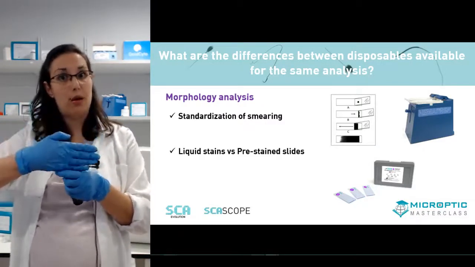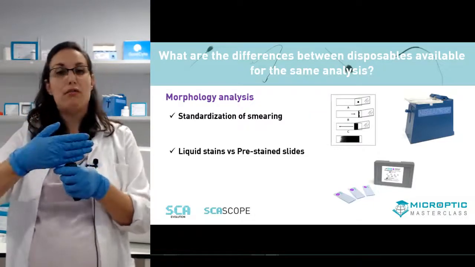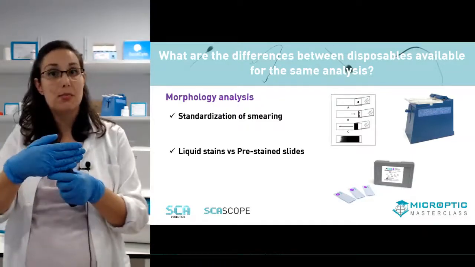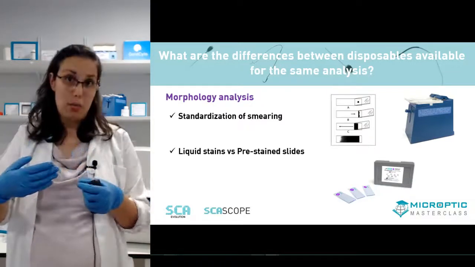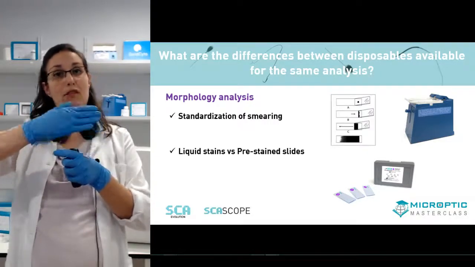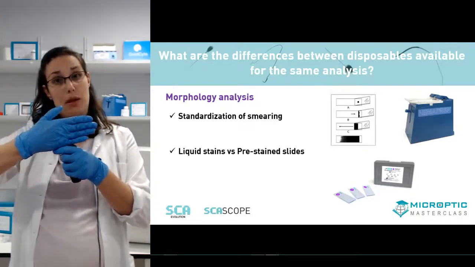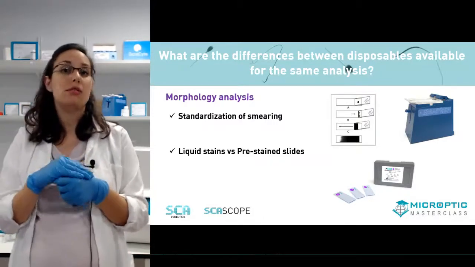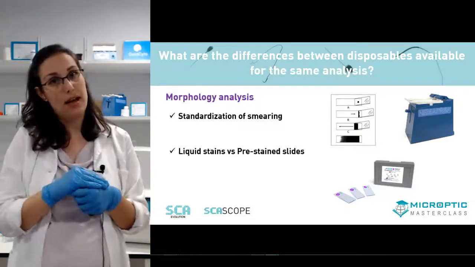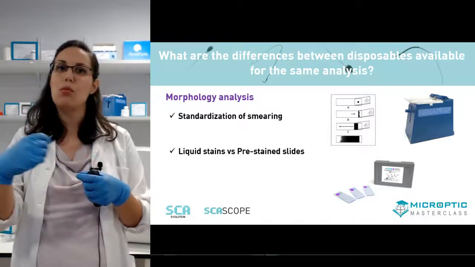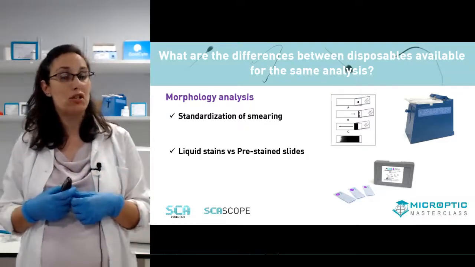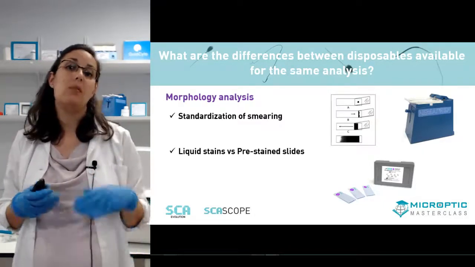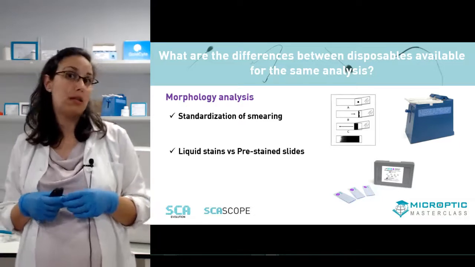Therefore, when evaluating at the microscope, you can erroneously classify a normal sperm cell as thin or tapered. This happens because of the position of the sperm cell, not because there is a real abnormality. So this is why, instead of using the pre-stained slides directly, it's important to do the smearing in the same way as if you were using a conventional slide, in order to guarantee the optimal position of the sperm cells and then the optimal classification of the different abnormalities.